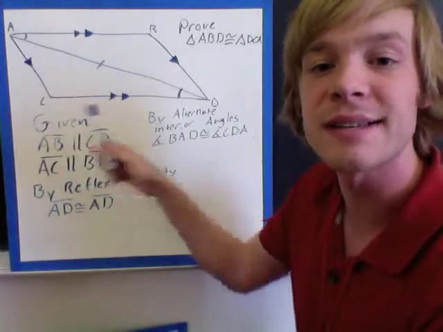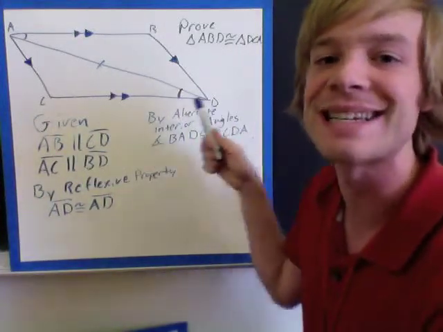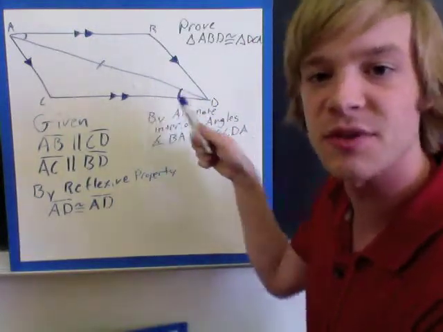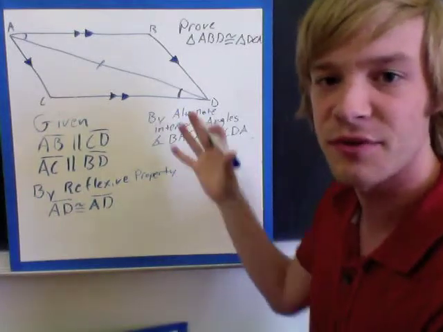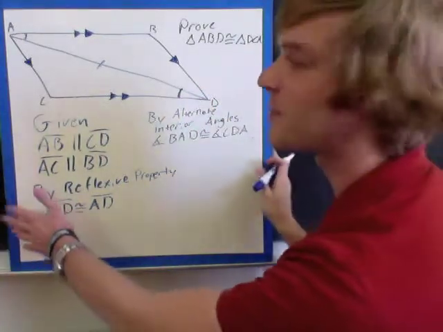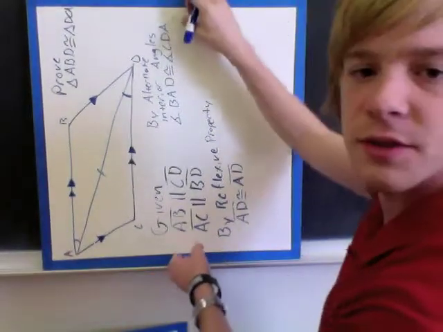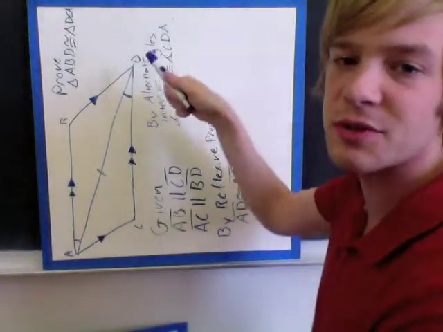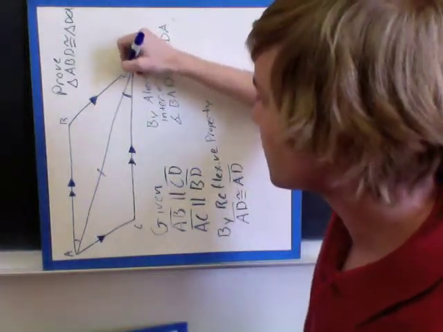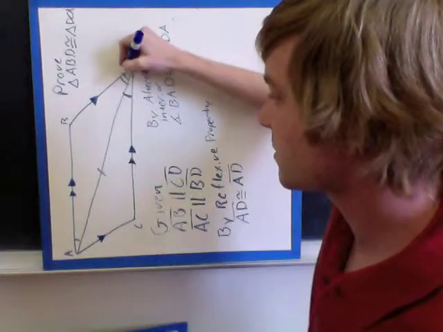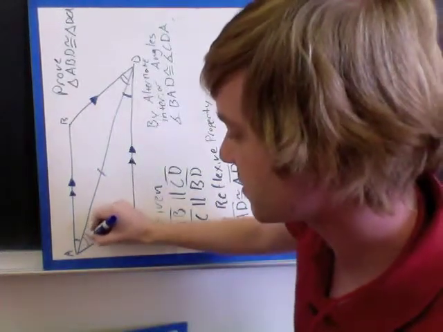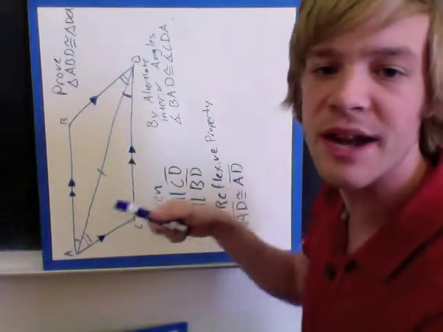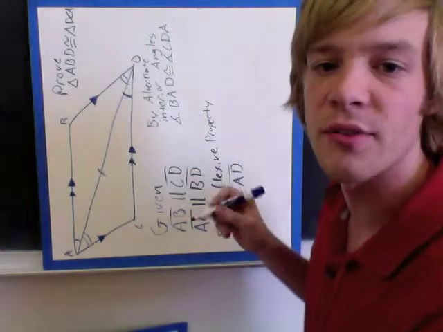But also AC is parallel to BD. So we know that this line is still a transversal for those two. And if I look at it sideways, or if I even flip this to look like that, I see my parallel lines here are cut by the transversal, and this angle and this angle are both inside the parallel lines, and they're on alternate sides of the transversal.